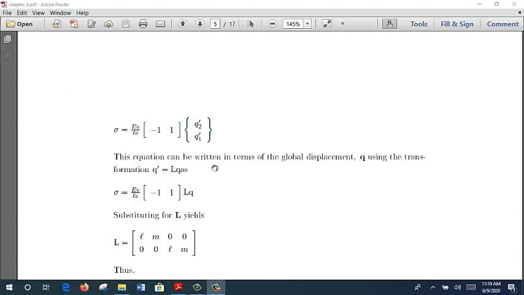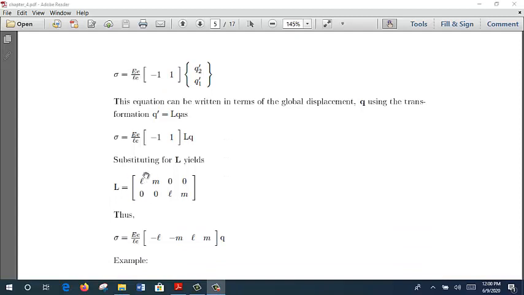This equation can be written in terms of global displacement Q using the transformation Q prime equal to LQ, as I said before. So the stress is equal to E over LE, a matrix form of -1, 1 times LQ, where L, as I mentioned before, is the formula of that.